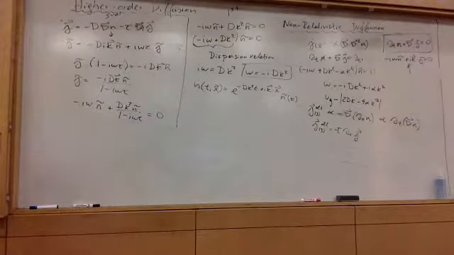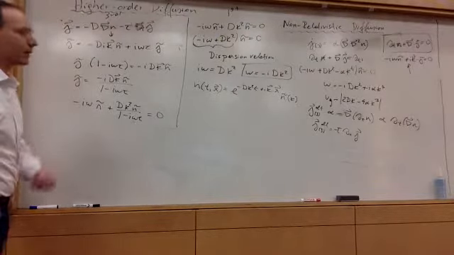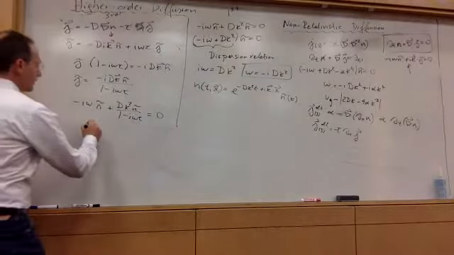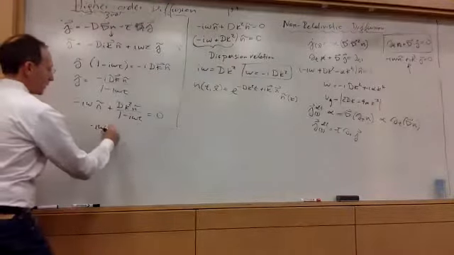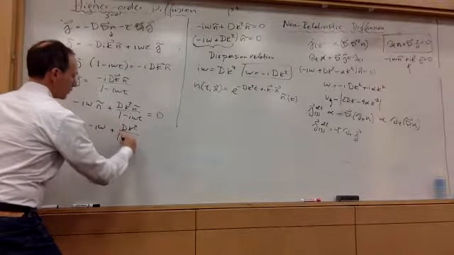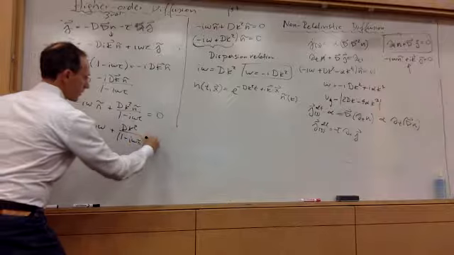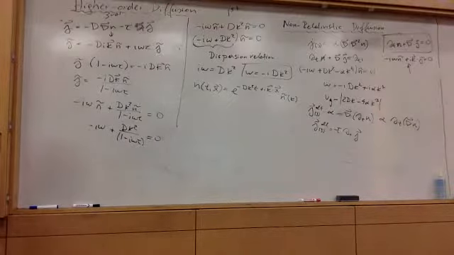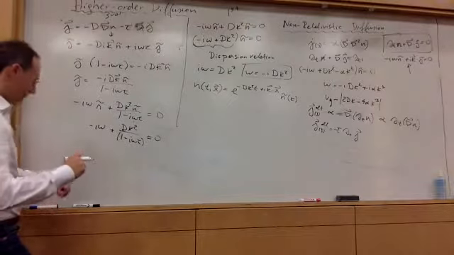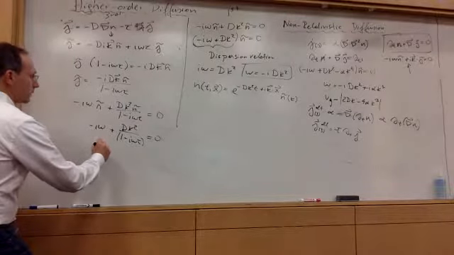But let's look at the dispersion relation of this alternative formulation. What you find is that you have minus i omega plus d k squared over 1 minus i omega tau equals 0. That means I get some sort of quadratic equation for my dispersion relation.